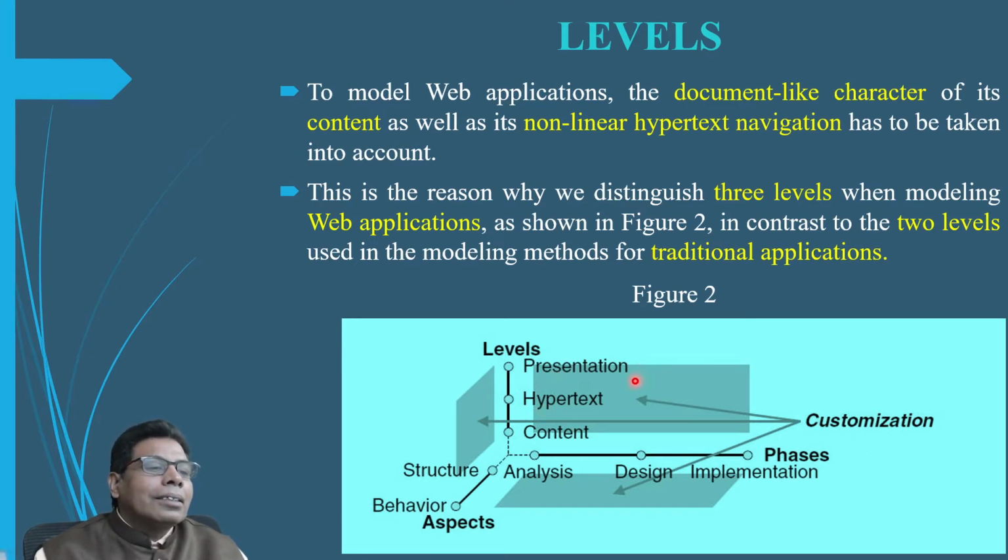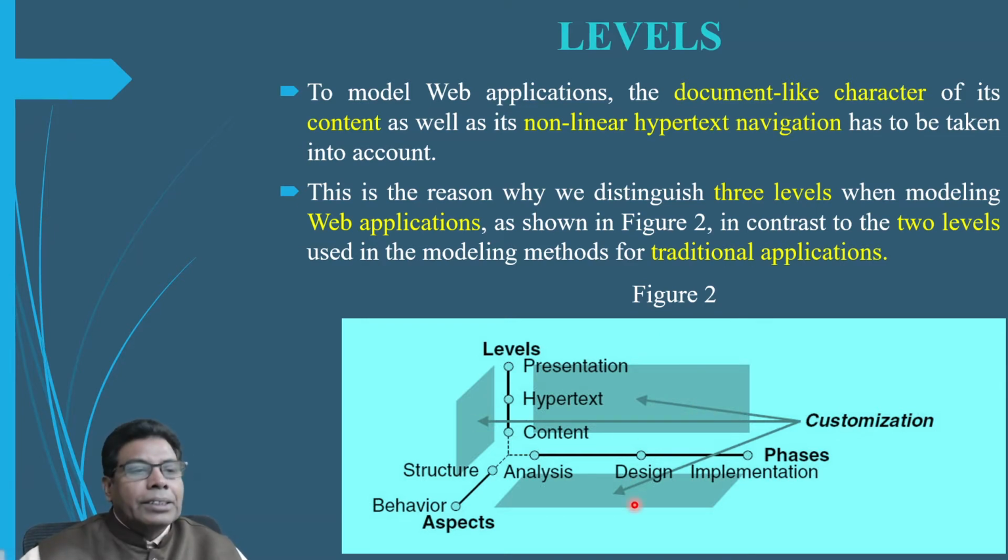And the other dimension aspects will be same: behavior and structure. And the phases dimension, it will have the analysis, design, and implementation phase. And one more dimension is added here, that is customization. So that will be added here, and it will correspond to the three other dimensions.